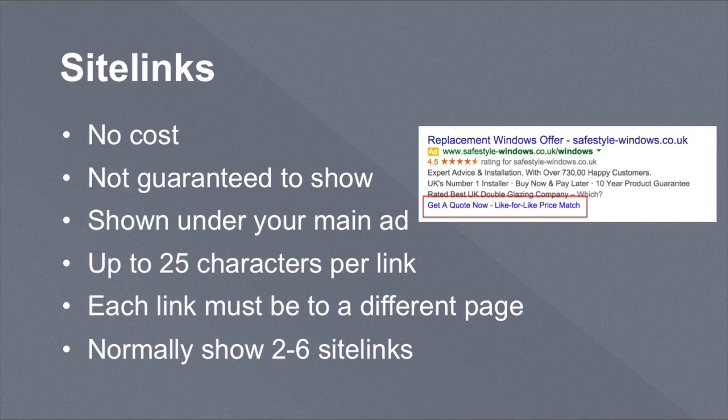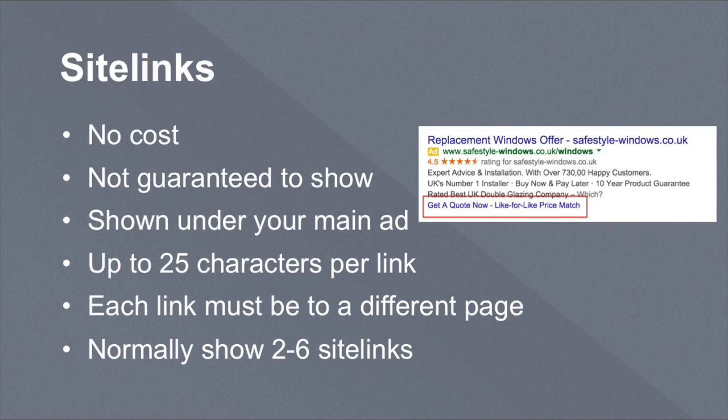Also, they are not guaranteed to show. Google uses algorithms to determine A, whether to show a site link or any extension, and B, how many to show. And it depends on your ad quality, your quality score in reference to other advertisers, and whether their data set indicates that ad extensions are likely to increase performance or not.